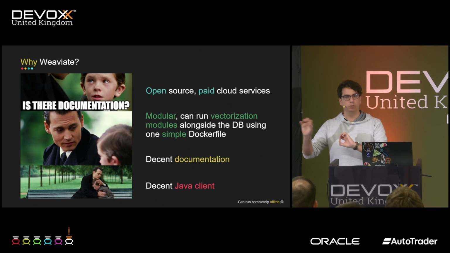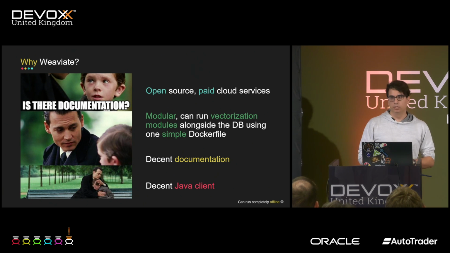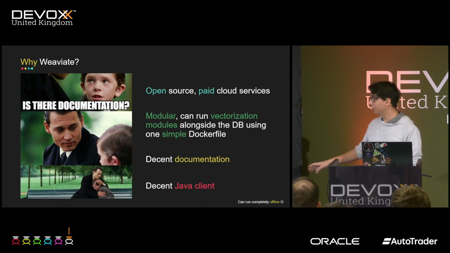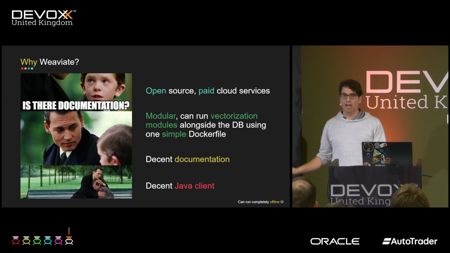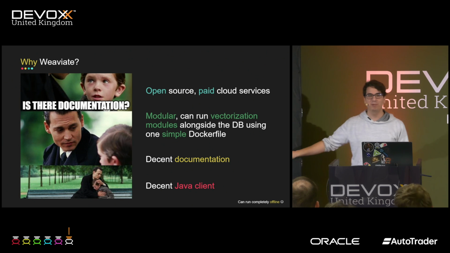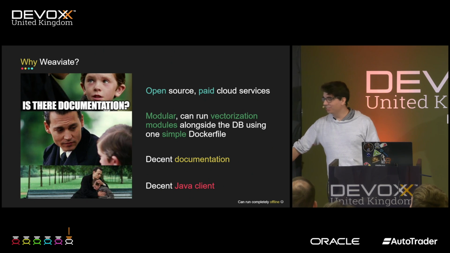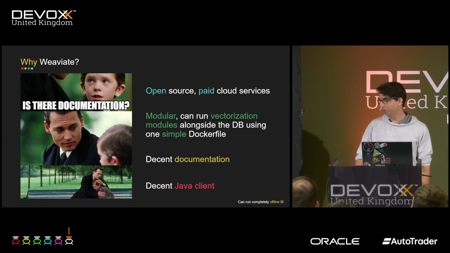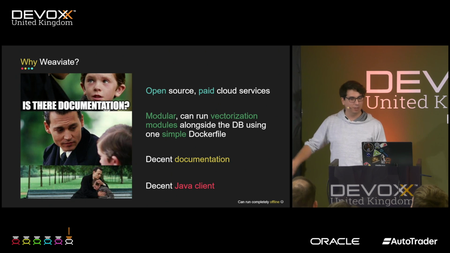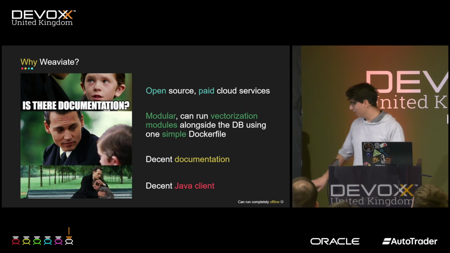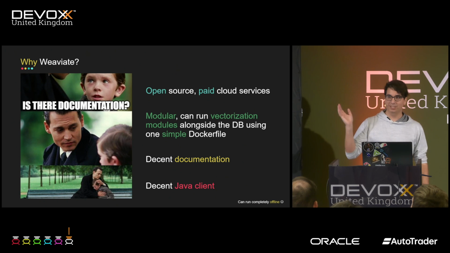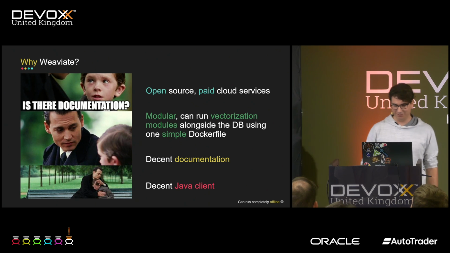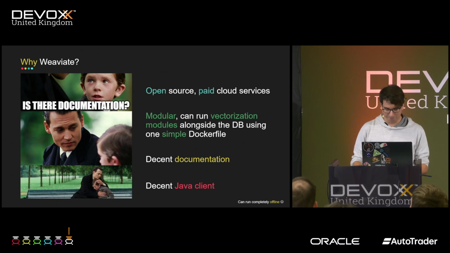So that really allowed me to pick and choose which model did what and how they worked. Their documentation is actually pretty decent. The amount of what-the-fucks per minute when implementing it was quite low. And their Java client is also pretty decent. And of course, with this setup, I can run everything offline. And seeing how the Wi-Fi was here at the conference, it's a good decision. So good job, past me.